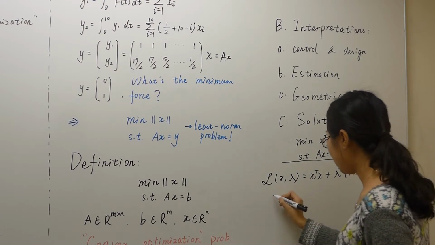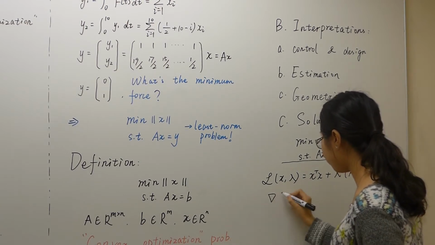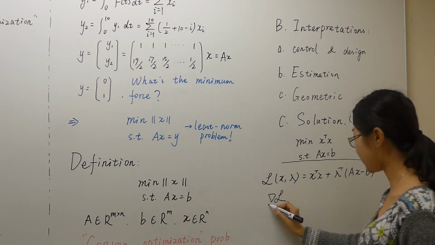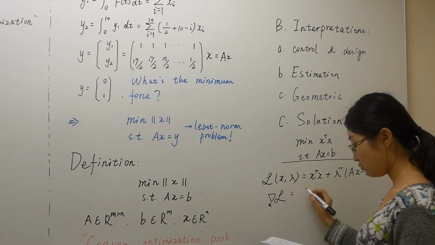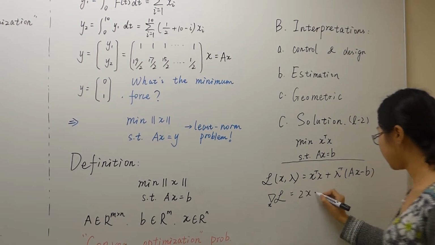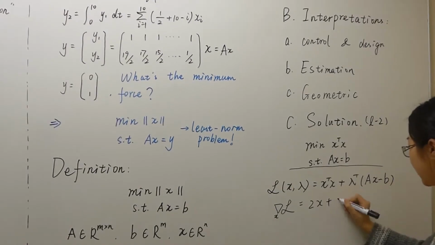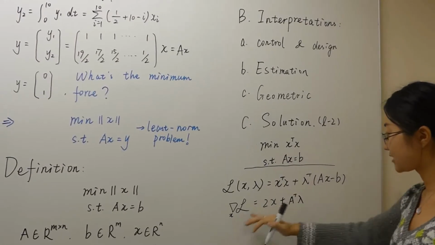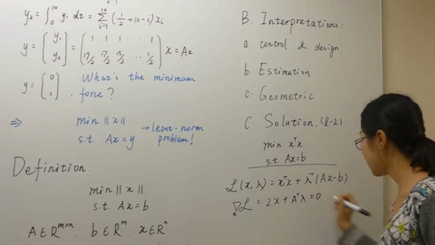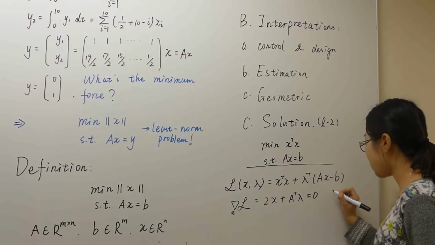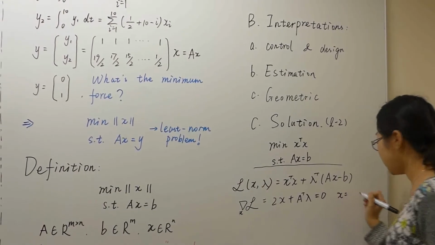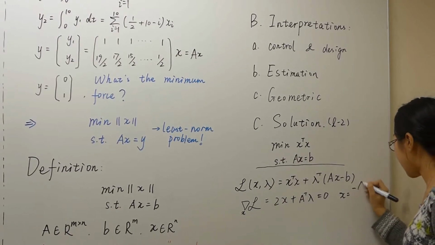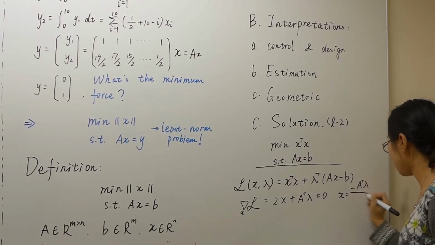Then we take the derivative of the Lagrangian function with respect to x. We get 2x plus A transpose lambda, and we set this derivative equal to 0. We can have an expression of x, which is x equals minus A transpose lambda over 2.